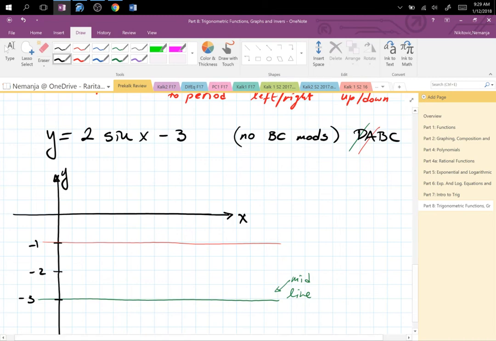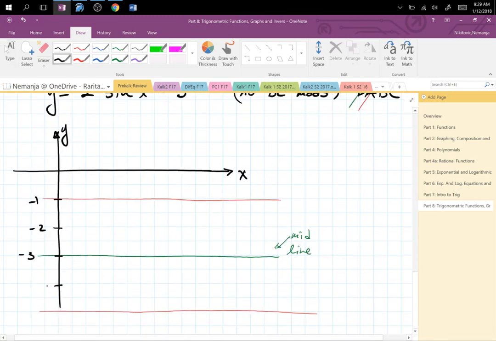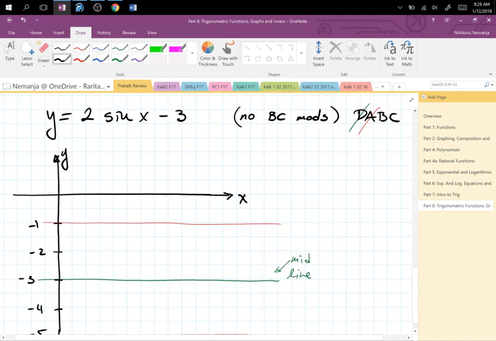So -1 and -2, -3, -4, and -5. So I already have this confined to a box. And now I have to go and look at BC. Now, when I said no BC mods, that means that B and C are still present. B is 1, C is 0, but there's no mod on it, which means those are the default values.